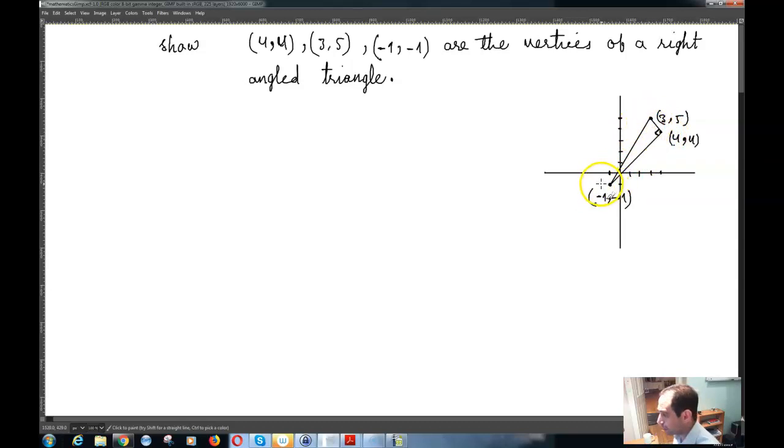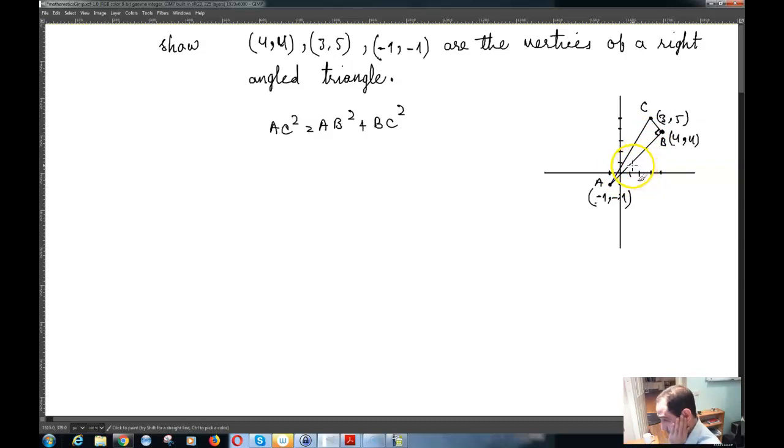If I call this point A, this point B, and this point C, you could say that AC squared is equal to AB squared plus BC squared. Using the distance formula and the Pythagorean theorem, you could show that this is a right triangle.